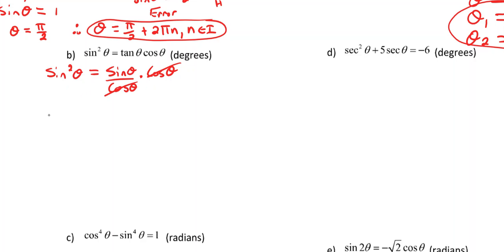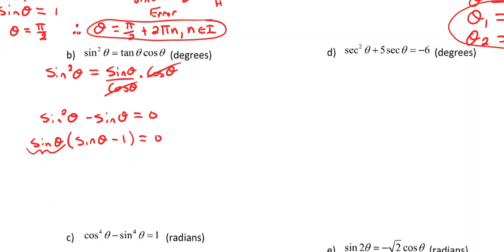So we'll say this is sine squared theta minus sine theta is equal to 0. Okay? So this is like x squared minus x is equal to 0, right? Now let's just factor out one of the signs there. So this would be sine theta times sine theta minus 1 is equal to 0.